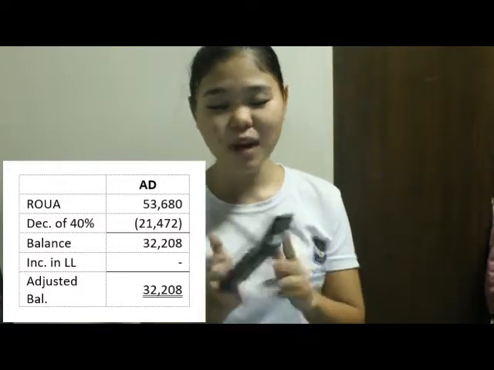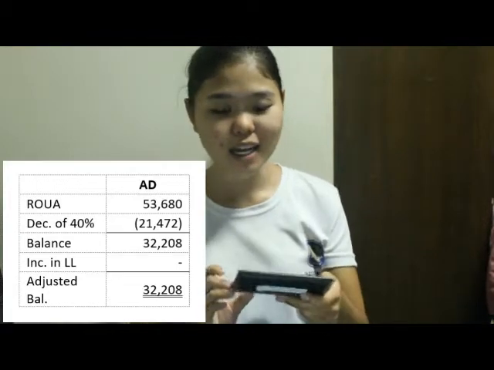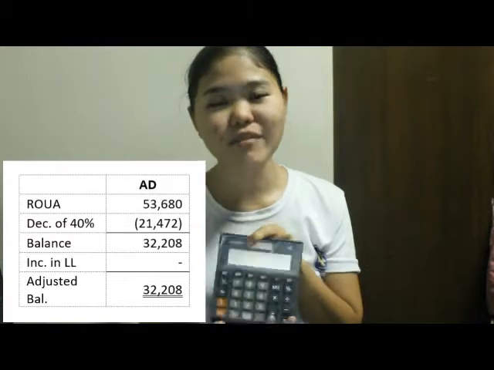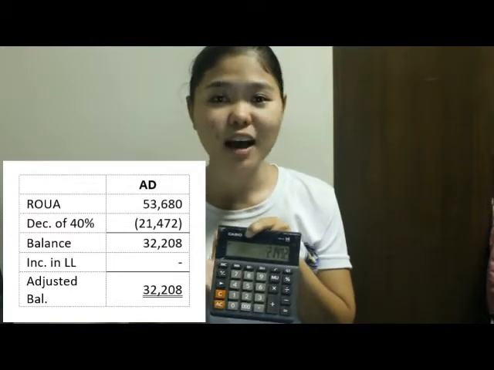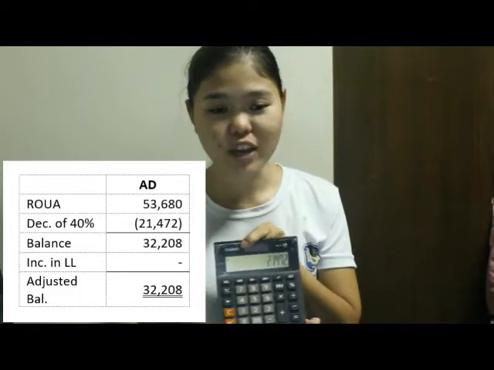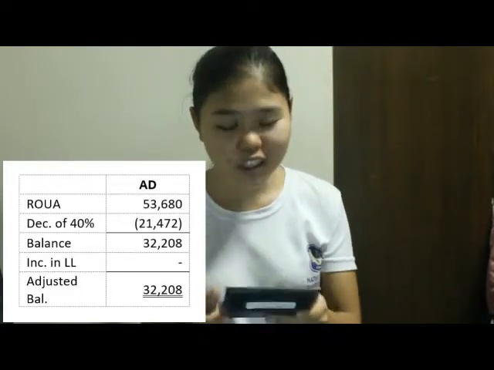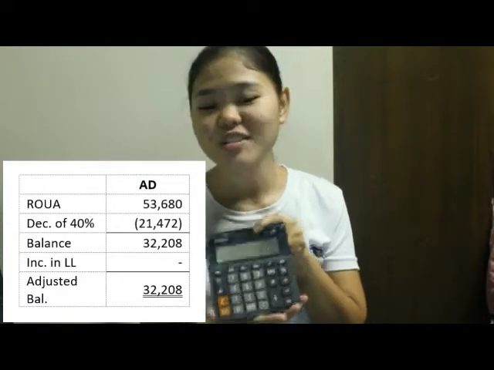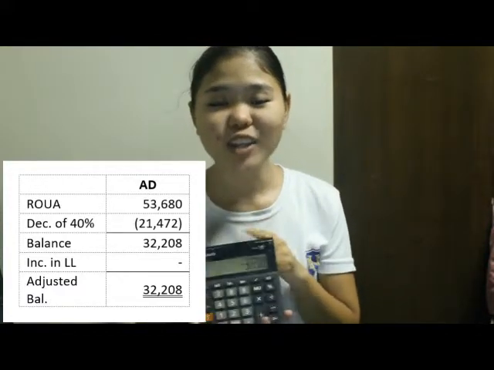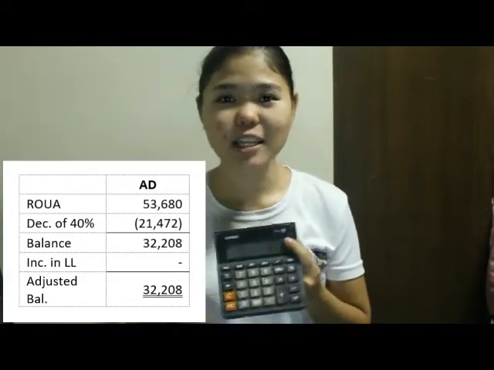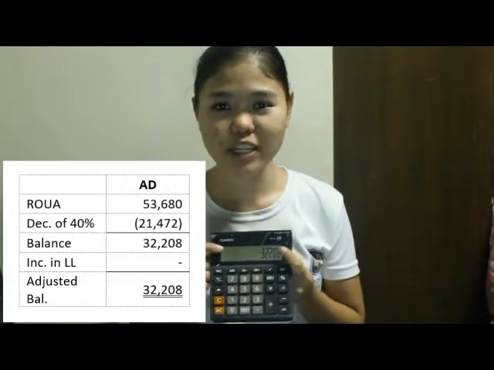Times 40% ulit para makuha natin yung inaba ng accumulated depreciation. So, 21,472. Ito yung binaba ng accumulated depreciation kasi nga dahil sa modification. Ima-minus natin siya sa 53,680, magiging 32,208 na lang siya. Ito na yung balance niya. Ito na rin yung adjusted balance niya kasi hindi naman ina-add dito yung increase.